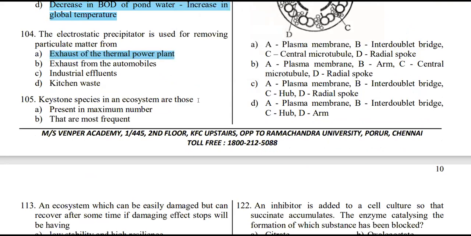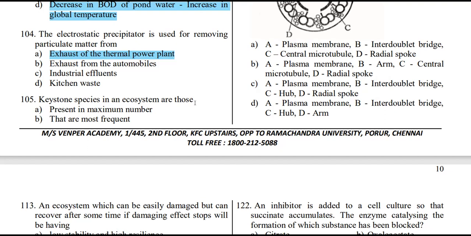Keystone species, very important. What is a keystone species? Keystone species are the ones which define the ecosystem. They render the characteristics to the ecosystem. For example, if we are talking about the ocean, starfish is the one which defines the entire ocean, or we can say the characteristics of the ocean.